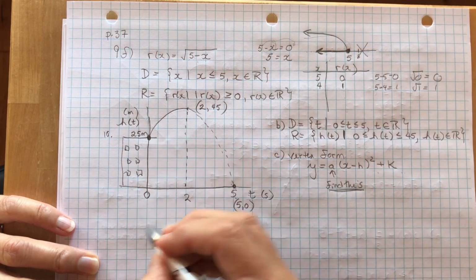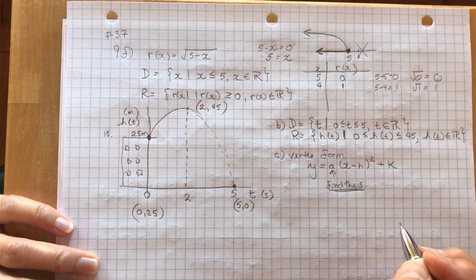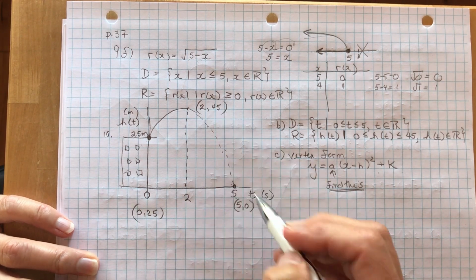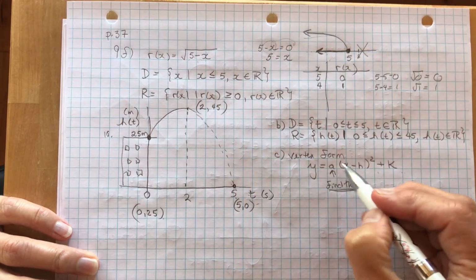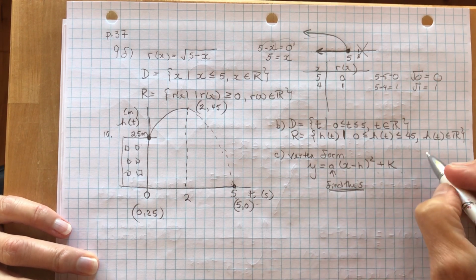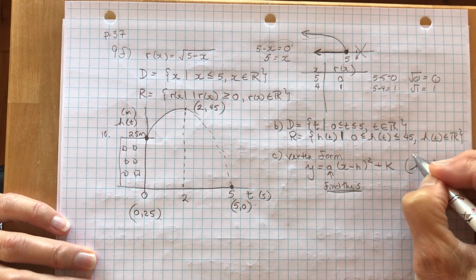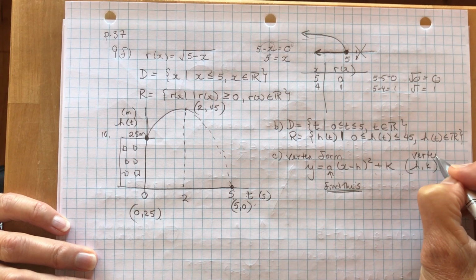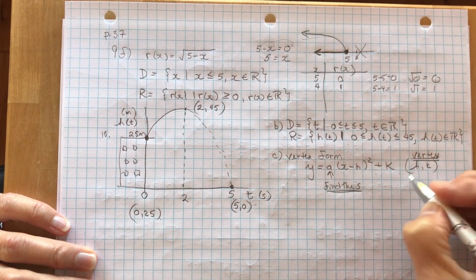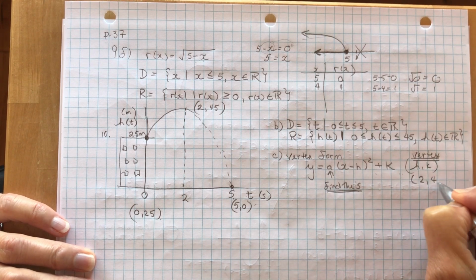I also know another point, 0 and 25. So I have 3 points, and I only need 1 point, an x and a y, and I need an h and a k. Now remember that h and k is the vertex. Remember that from grade 10, h and k. So the vertex is 2 and 45.